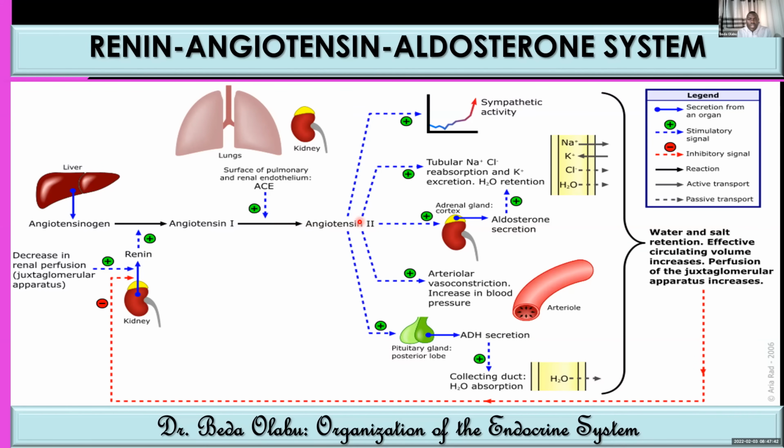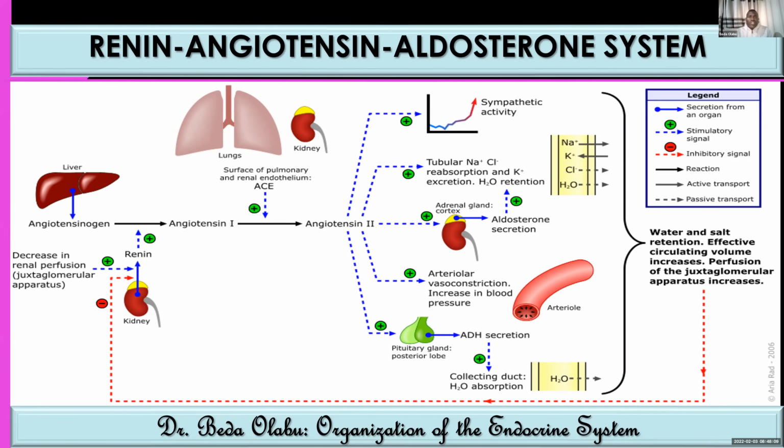Angiotensin II acts on several things, for example on the pituitary gland, on the blood vessels, on the adrenal cortex, on the proximal convoluted tubule itself. The effect on the hypothalamus is not indicated here, but I've already told you. There's another one that has been indicated here that I didn't tell you, you can capture it as well. It increases the sympathetic activity.